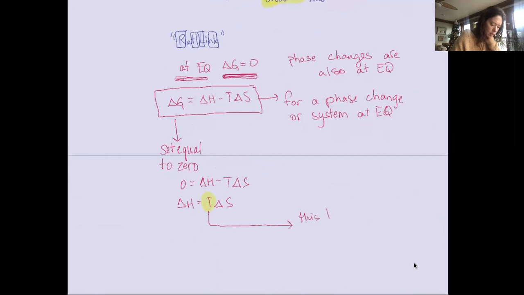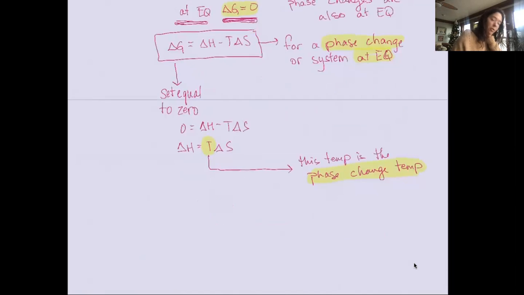This temp is the phase change temp, right? Because we said at equilibrium, phase changes are at equilibrium. And at that point, delta G is equal to 0. So we end up with this equation down here. And this temperature is the temperature at which this phase change will occur.